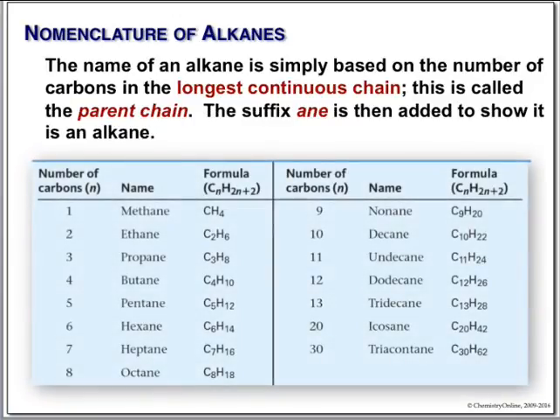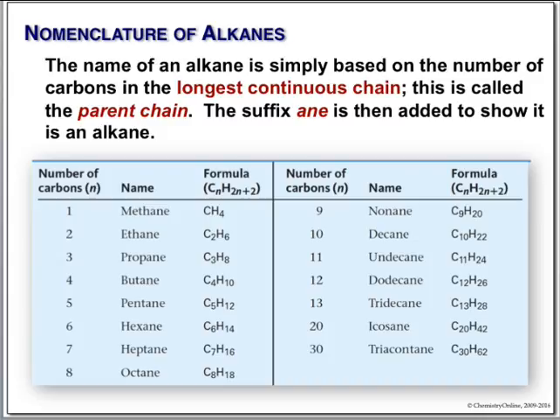Now, if we want to name these things, what you want to do is simply look for the longest continuous chain of carbon atoms. Like I said, that's the parent. If we have one carbon, that's the methane that we looked at. Meth is our prefix, and A-N-E stands for alkane.